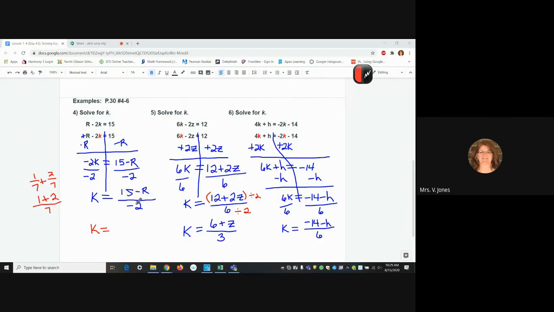So we could do the same thing here. We get to put the 15 over negative 2. And then you could put, this is going to be a little trickier, okay? We could put the minus r over negative 2. But if you have this, you'd want to simplify a little bit. That negative right here, you could put it on top or you could put it out front.